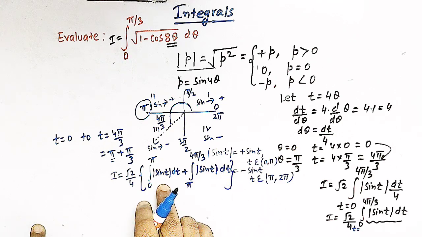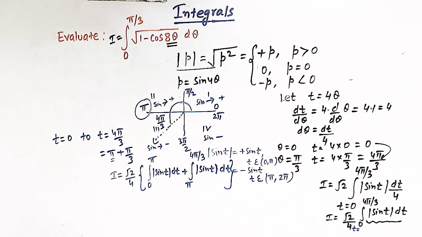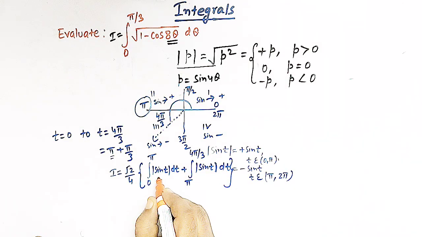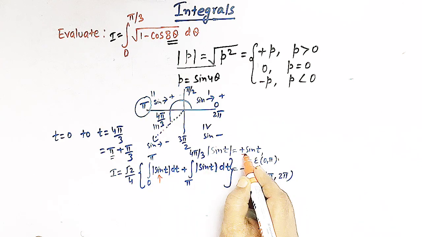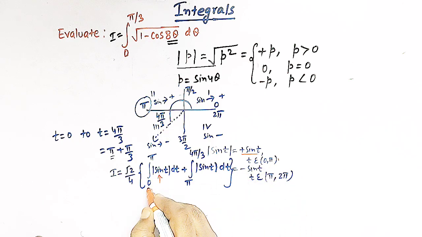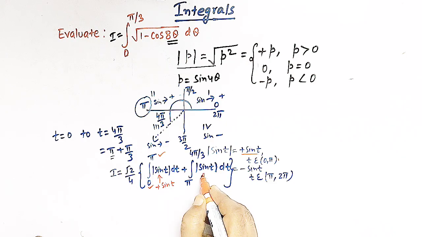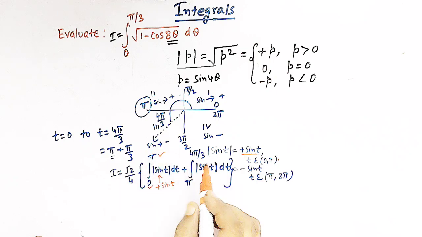So now we have to find out the values of these two integrals. In the first integral, mod of sine t can be replaced by positive sine t, because t varies from 0 to pi, right? So here mod of sine t can be replaced by plus sine t, and in the second integral the limits vary from pi to 4 pi by 3, right? From pi to 4 pi by 3, it means we are in the third quadrant, right?